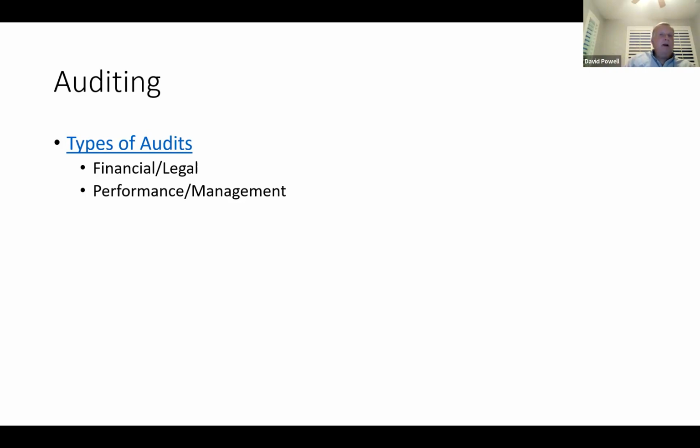There are different types of audits depending upon what you are trying to accomplish with those audits. The first type of audit is what's known as a financial or a legal audit. And there's just 2 terms for the same type of audit. In a financial legal audit, you are asking the question, did the government spend the money in the legally appropriate ways? Did it spend the money in the way that the law says that money must be spent?